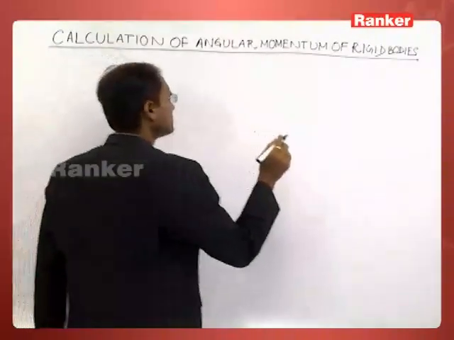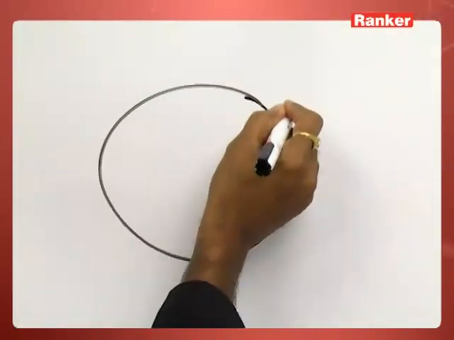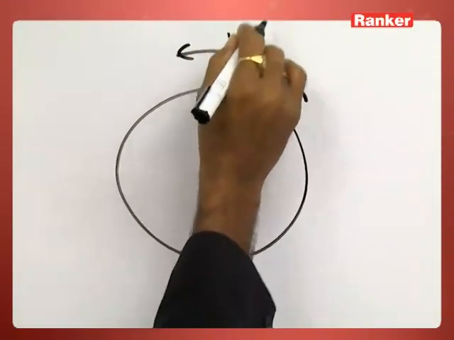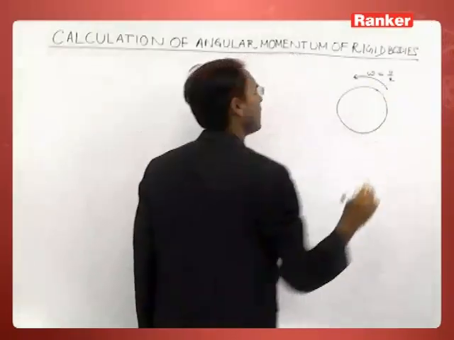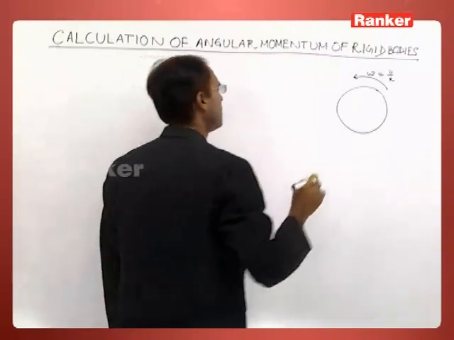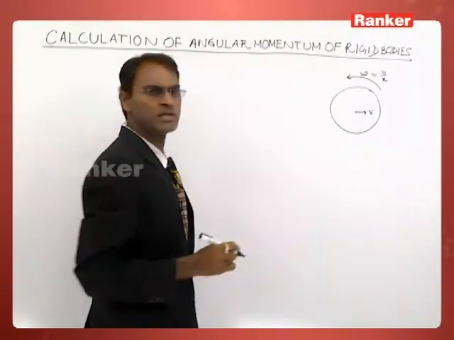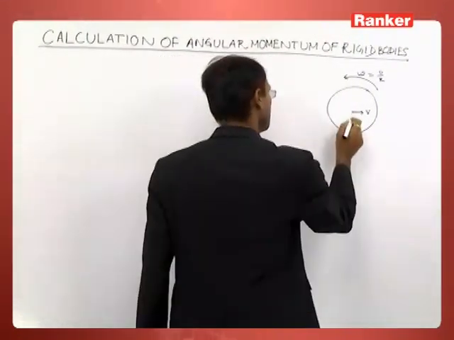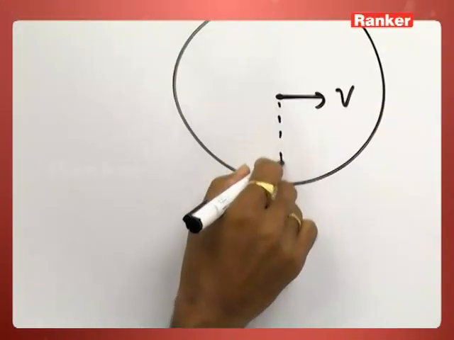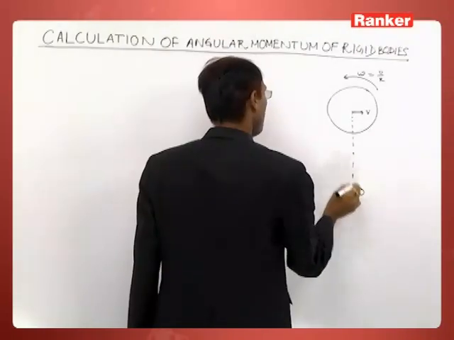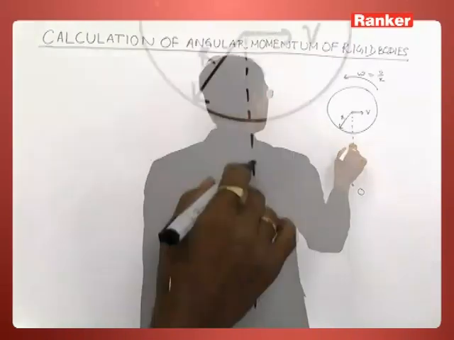Let us take an example. Let us assume that the disk spins with an angular velocity v by r, where v is the velocity of the center of mass. Let us take a point O at a distance of, suppose, 4r.